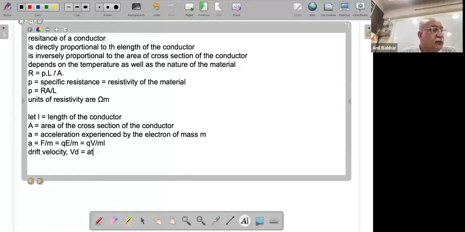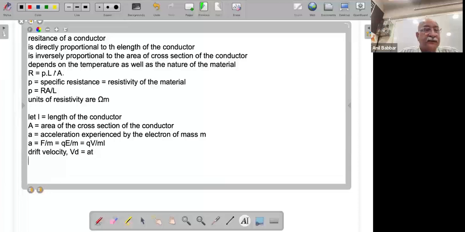And we know that drift velocity and current also have a relation. From current and drift velocity, we have v_d as I upon A n e, where e is the charge on the electron.